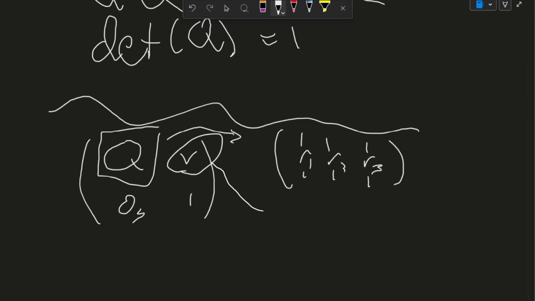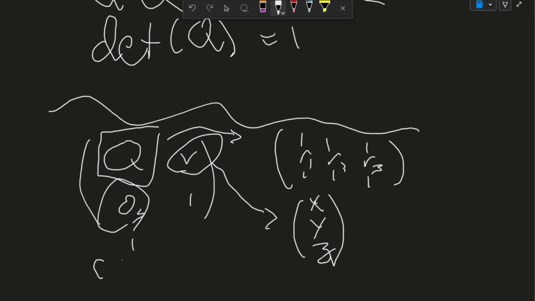This here is just a vector. This is going to be our displacement vector. That's how I write my z's, as I've mentioned. This is just 0, as we talked about last week, because to be an affine transformation, this bottom row has to be 0, 0, 0, and then a 1.